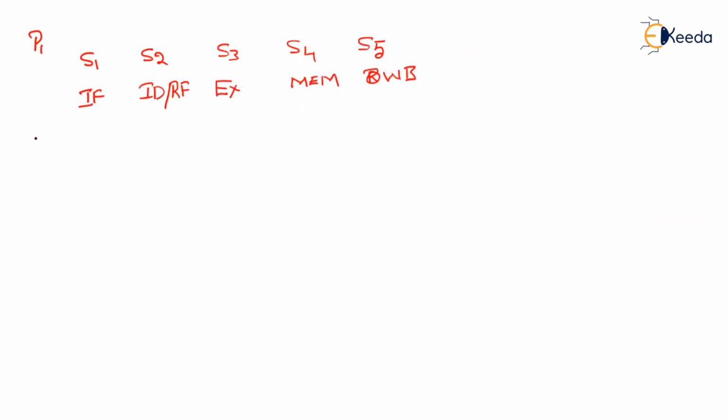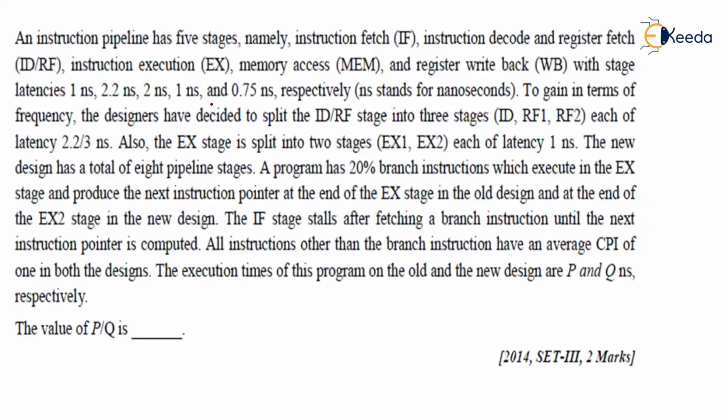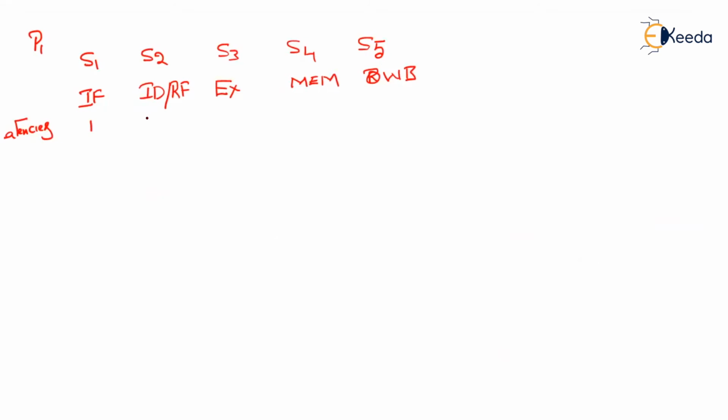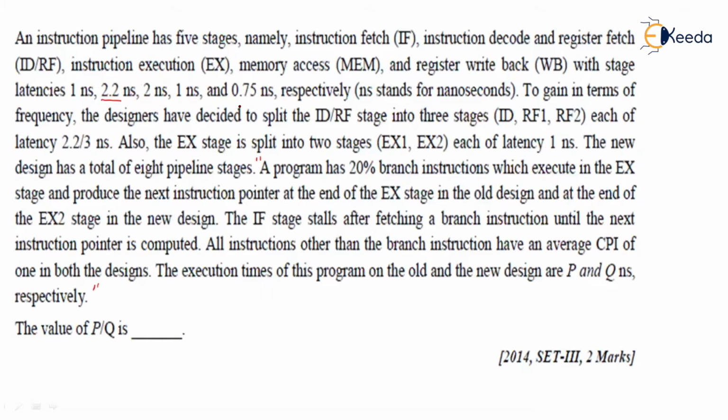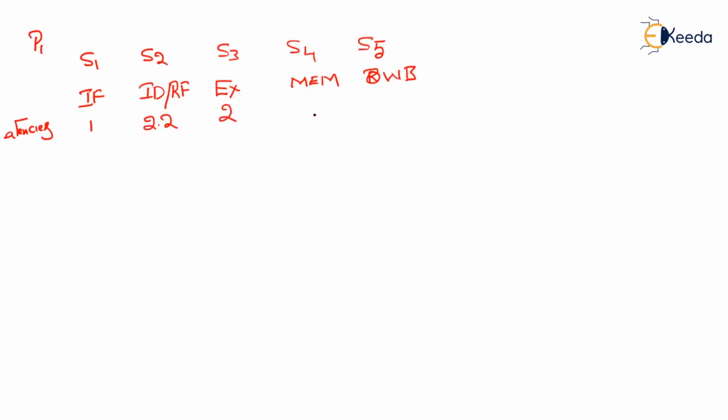These are the stage latencies. I'll put them here: 1, 2.2, 2, 1, and 0.75.